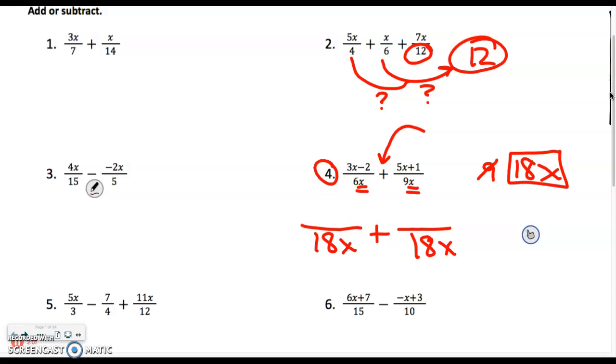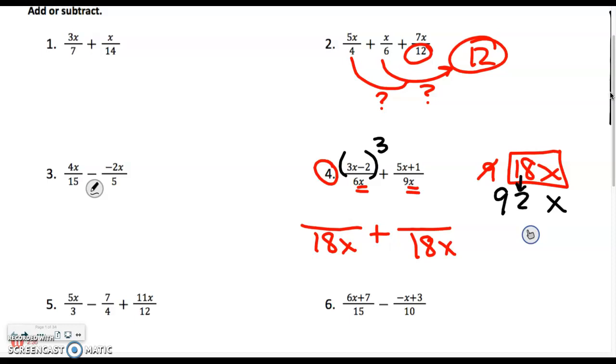So then you have to give it what it does not have. This one has a 6, and it has an x. So to get the 18, it's going to need a 3. So you're going to multiply the entire top, and I would lock and load it in parentheses like this, guys, by 3. The other one has the 9 and the x.